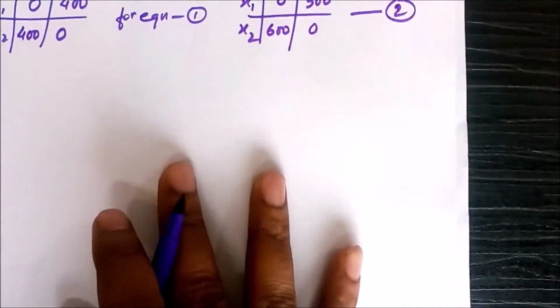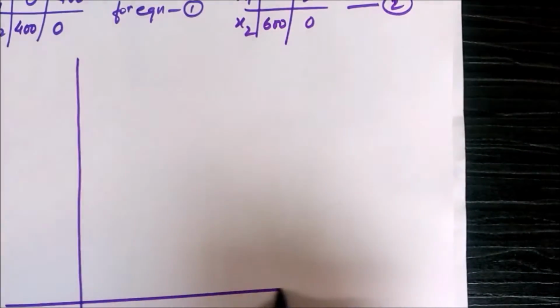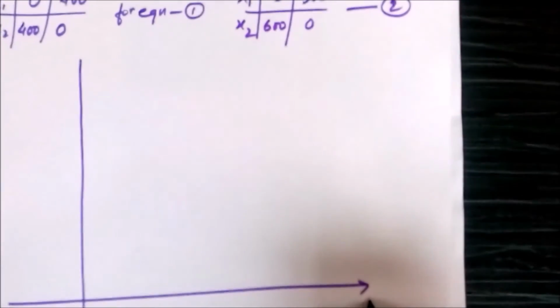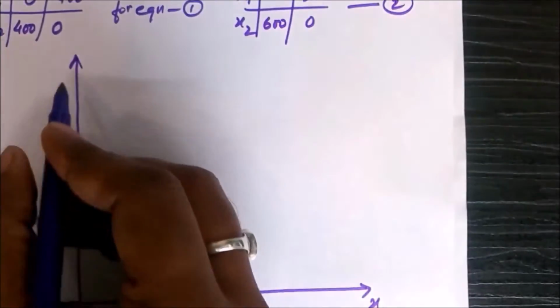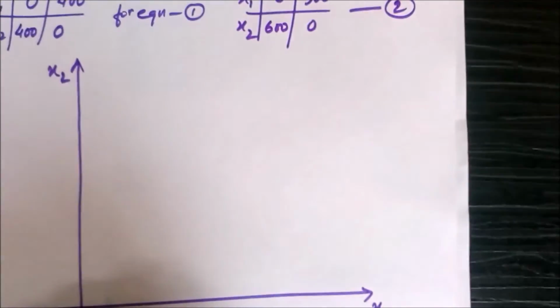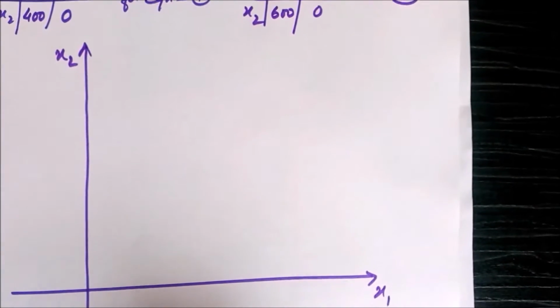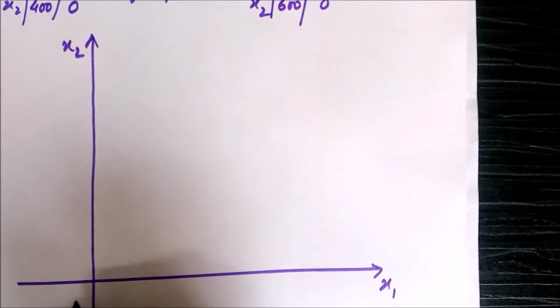Now we will draw the coordinate axes. This is the x1 axis, that is the x-axis. You are aware this is the y-axis, and we will name it x2, as in this equation we have x2 as y.